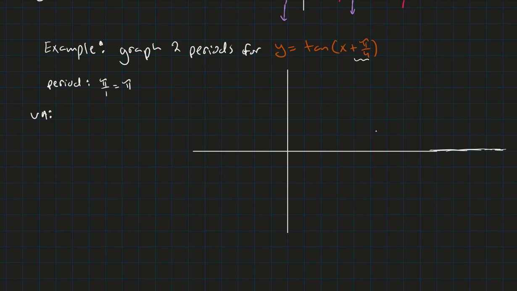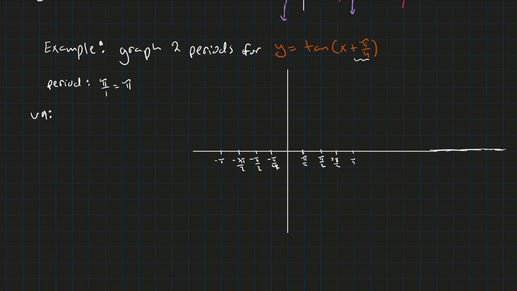That means if I label these increments by pi over 4: this is pi over 2, 3 pi over 4, pi, and then I can do the same thing over here, negative pi over 4, negative pi over 2, negative 3 pi over 4, negative pi.